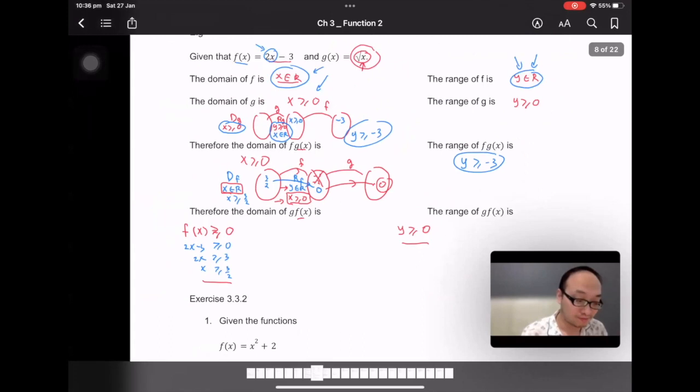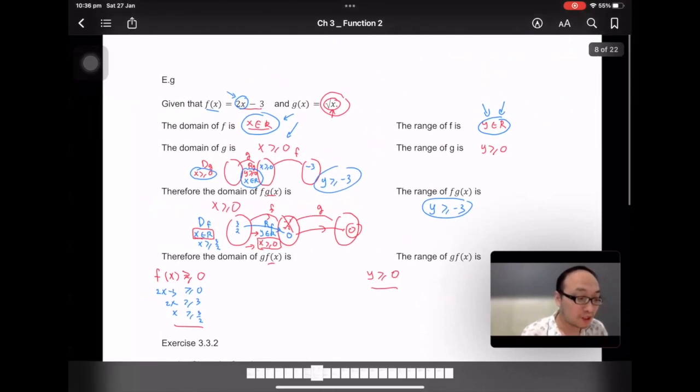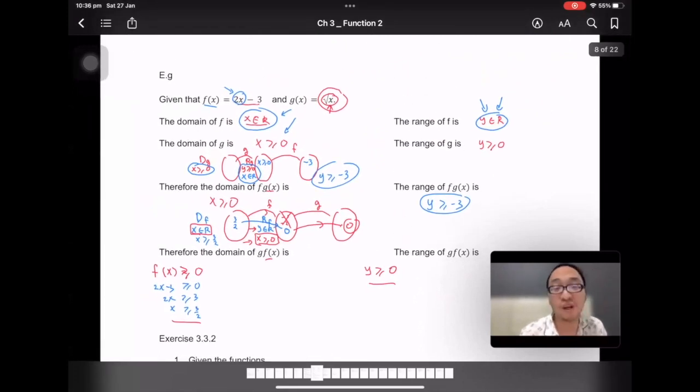This is how you find the domain and the range of a composite function. You have to consider the area in the middle, where the range of the first function should be included in the domain of the second function.